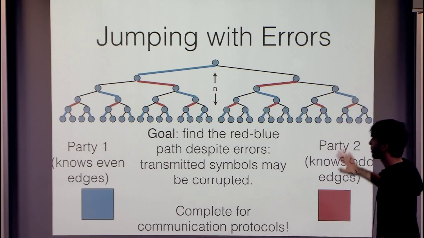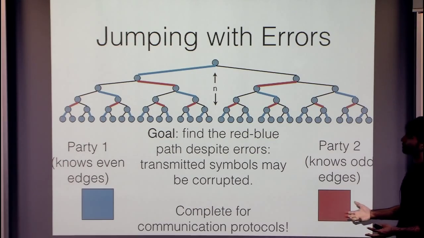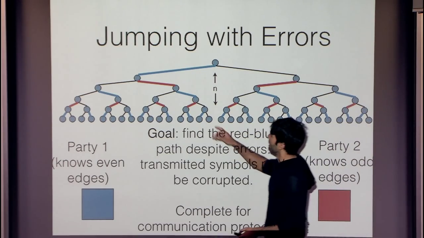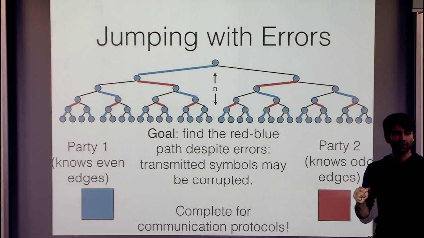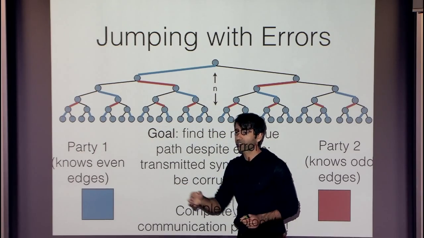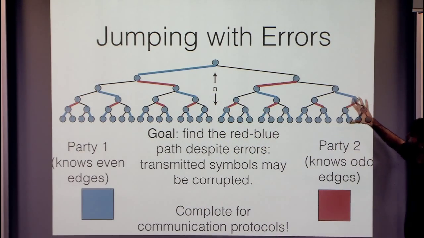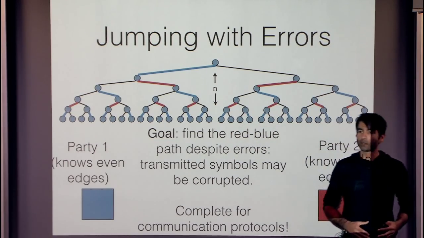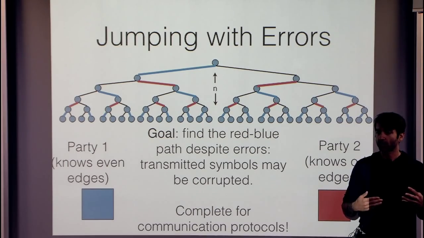So the reason that this problem is sort of complete for communication protocols is, given any communication protocol, you can think of each of these vertices as representing a partial transcript of the messages of the players, and this edge is representing what the next player would say. Okay, so this input captures the behavior of the protocol in all possible inputs and all possible situations.